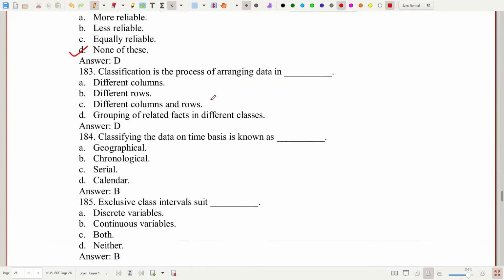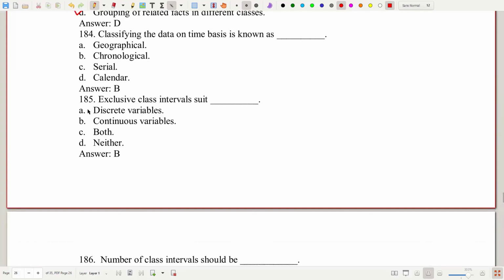Classification is the process of arranging data in grouping of related facts in different classes. Classifying the data on time basis is known as the chronological. Exclusive class intervals suit the continuous variables.